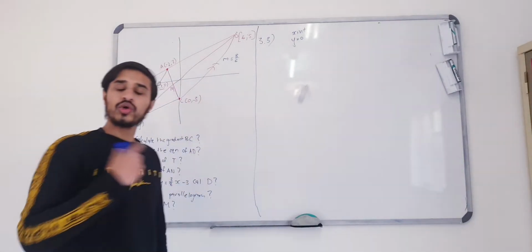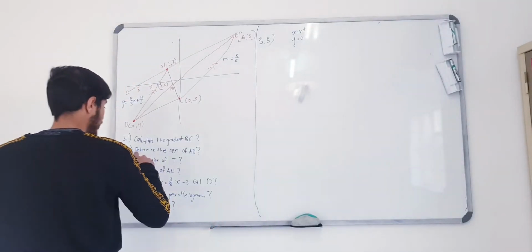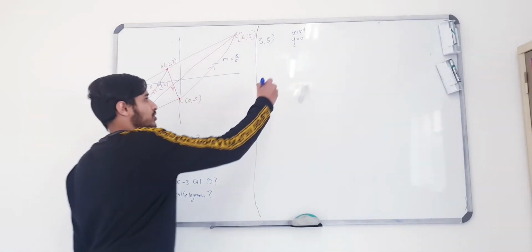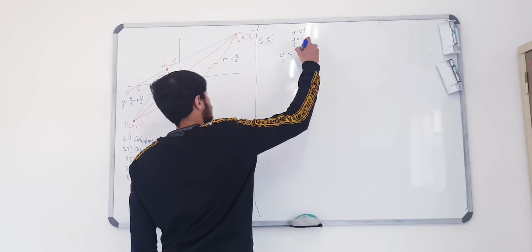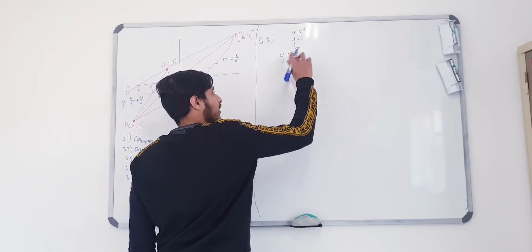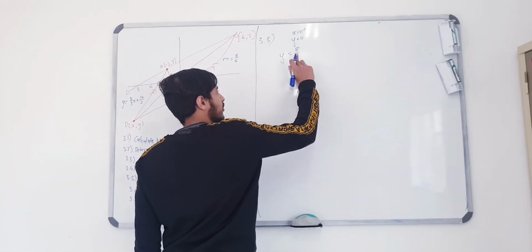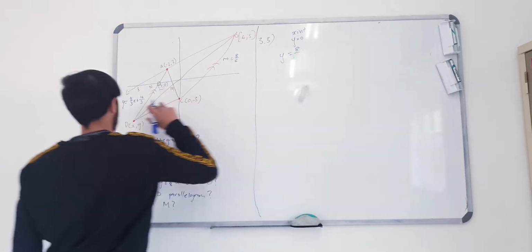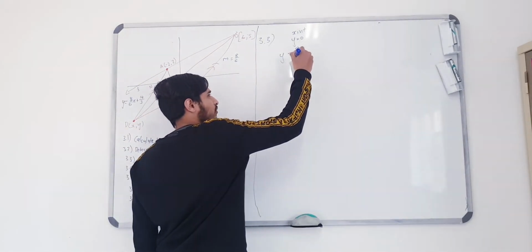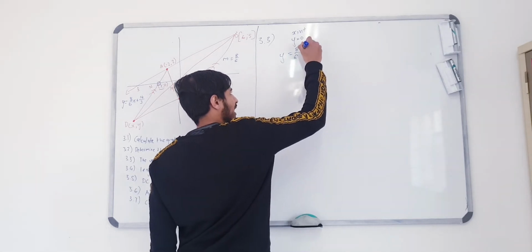But now what equation am I going to use? Lovely. The equation that we worked out in the previous question. So it's going to be y is equal to 8 over 6, sorry, I remember it being 8 over 6, x plus 14 over 3.